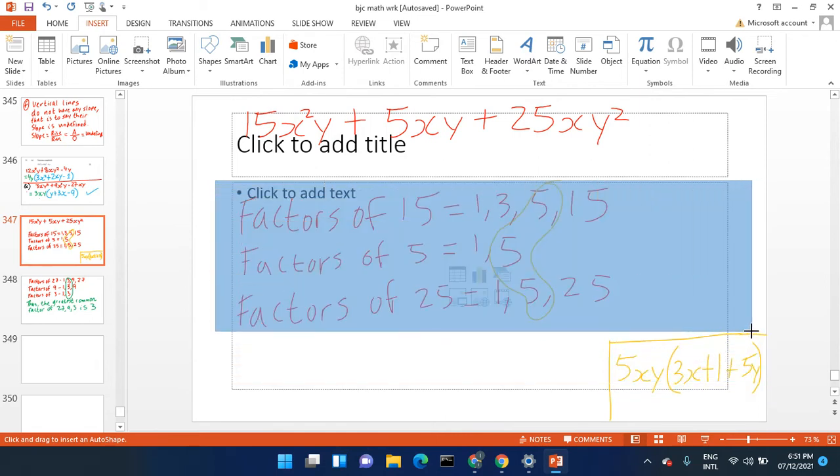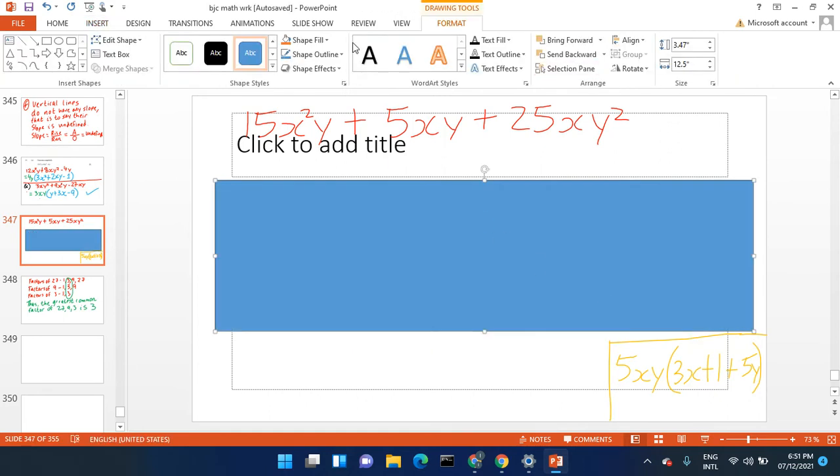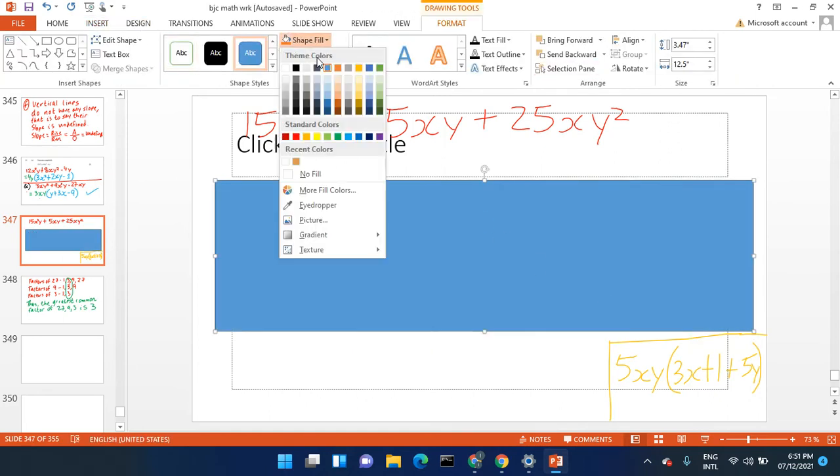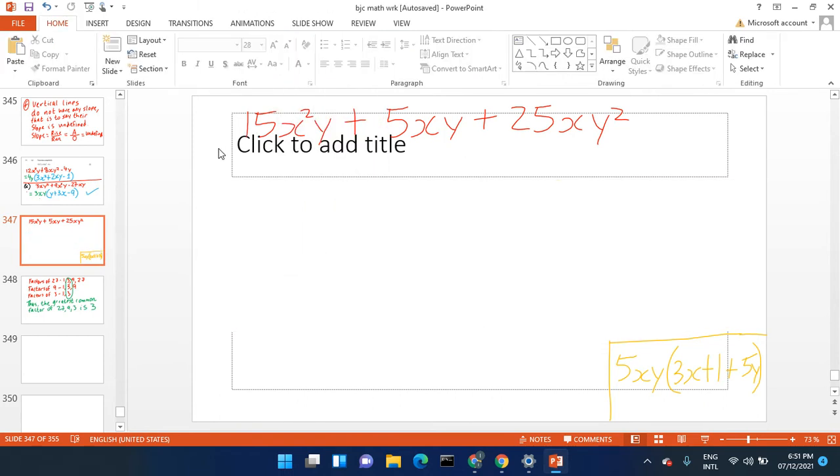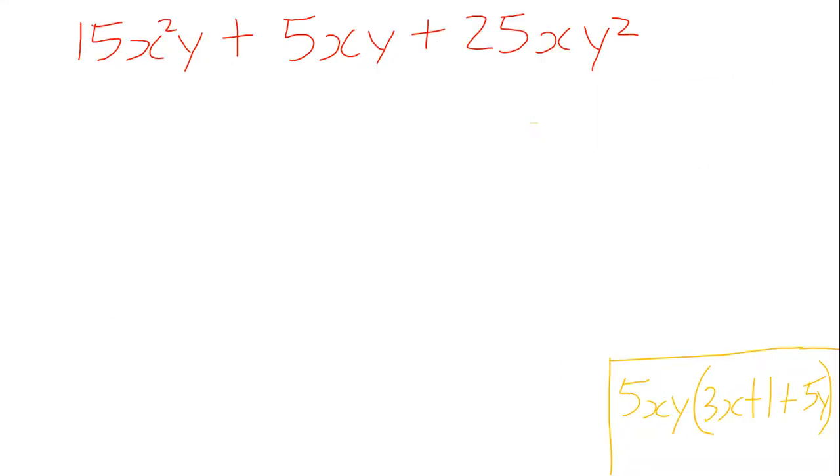All right. So we got that, we're doing greatest common factor. I think this will be the last one of this. So it's going to be equal to 5xy, open bracket, 3x.